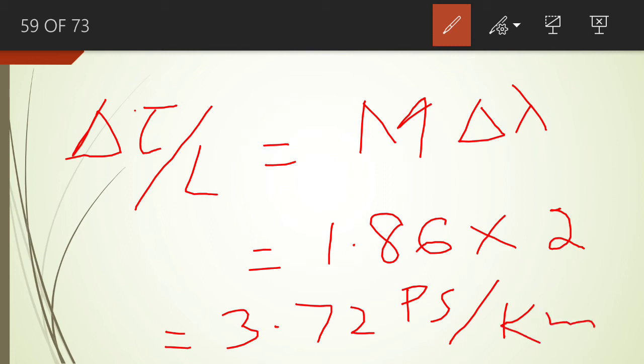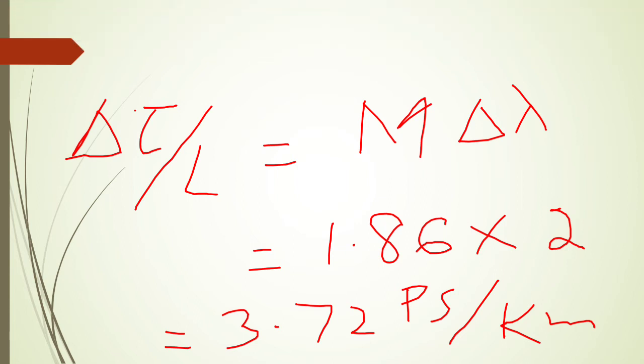So this is the pulse spread per unit length in example number 3.4.